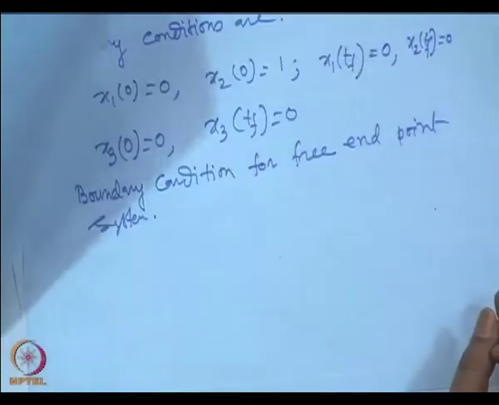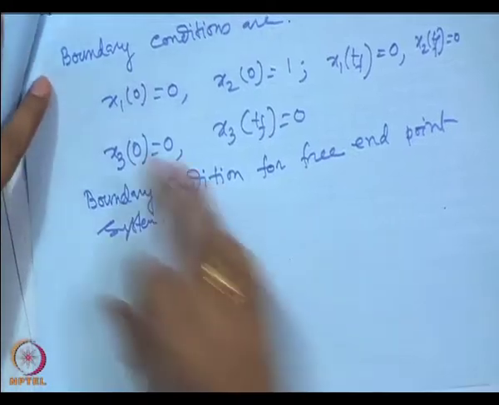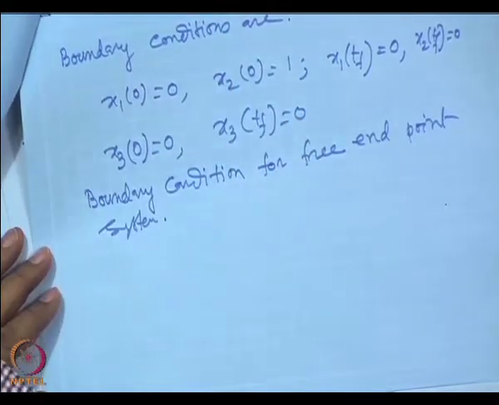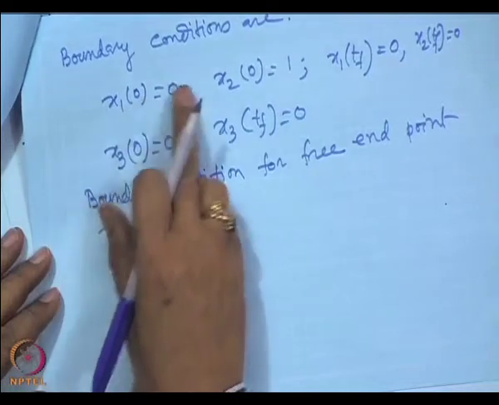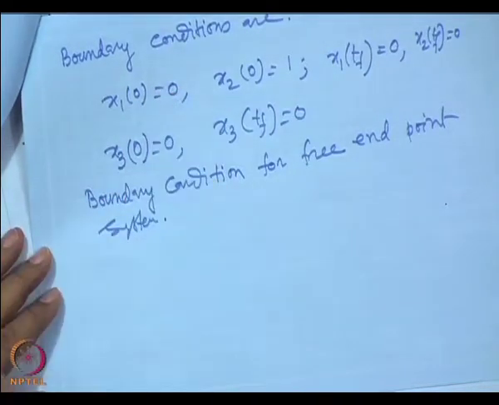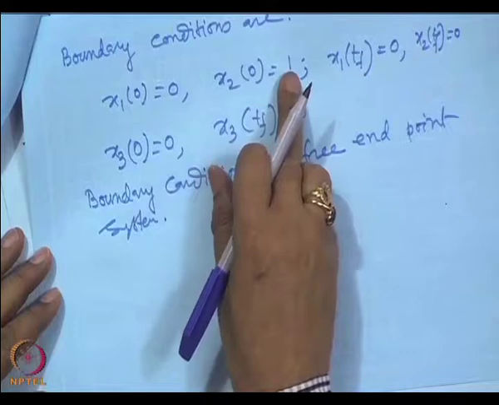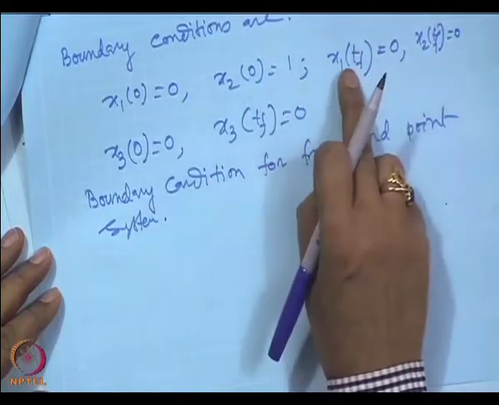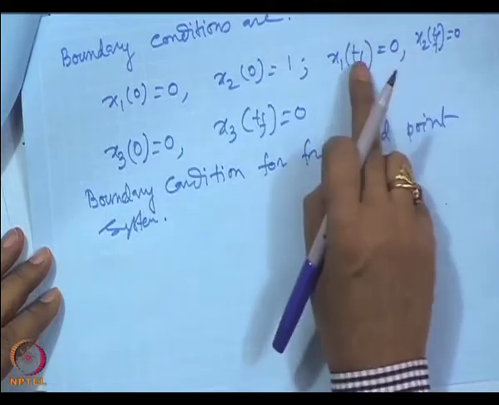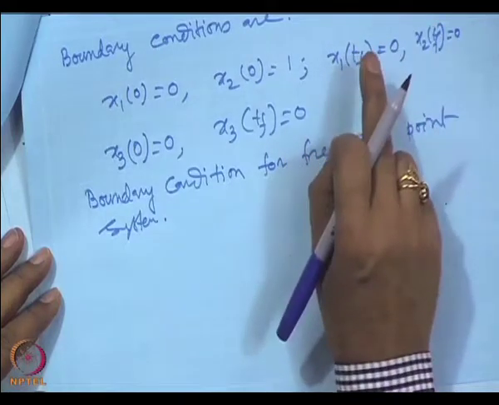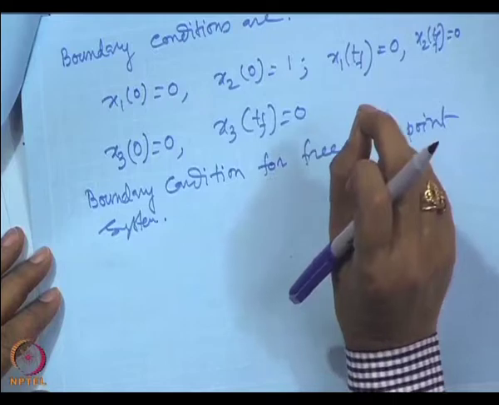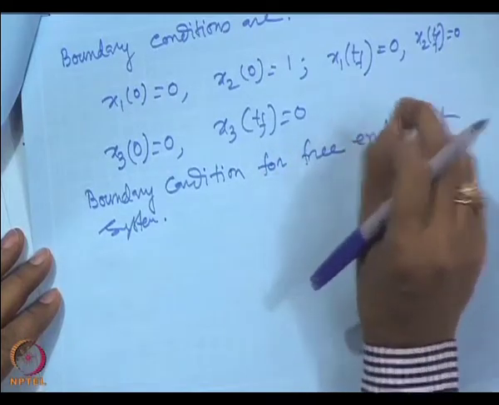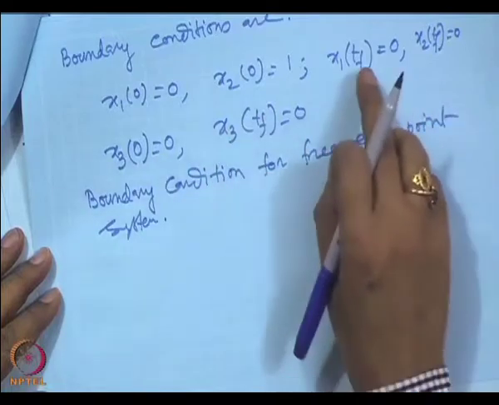Then the next thing is we have to use the boundary conditions, agree, to solve these problems. And x 1 of 0 we know, which is 0, is given in the problem, x 2 of 0 is 1 as given in the problem, but we have to drive that initial state to the origin with a suitable control action, keeping in mind that input is constrained and the state also constrained as given in the problem.